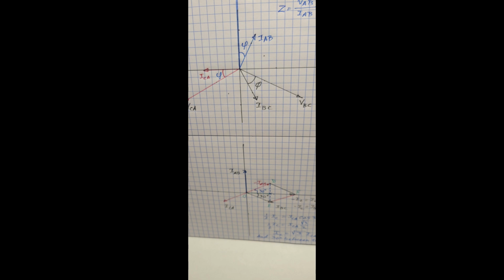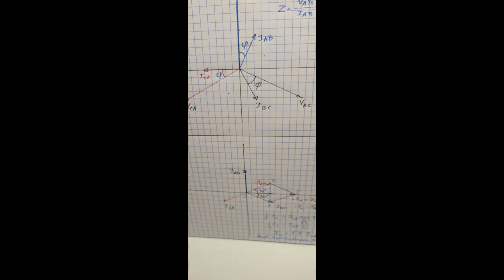The line current IC is equal to the phase current ICA minus the phase current IBC. So I can say that minus IC is equal to IBC minus ICA.